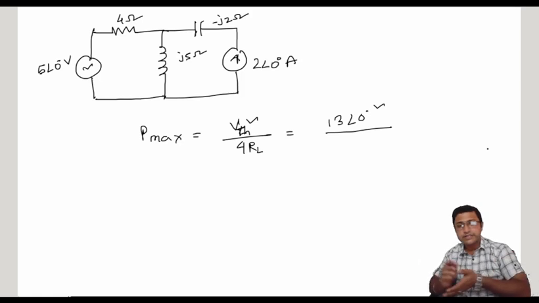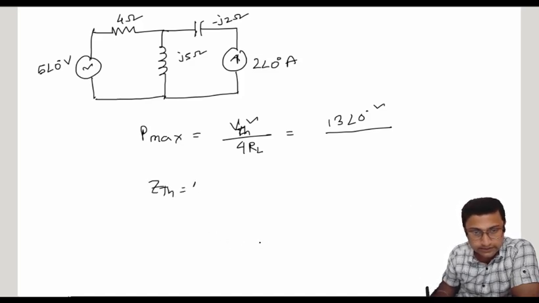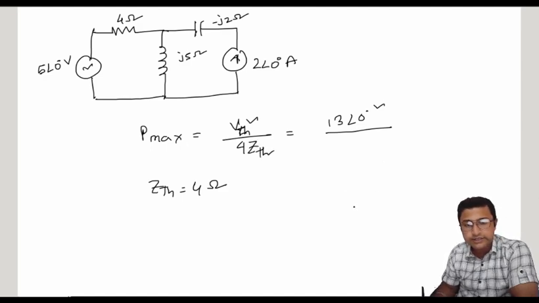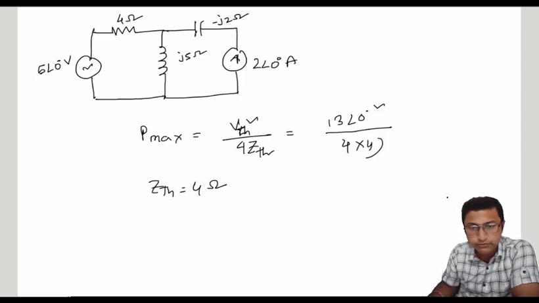So what is your ZTH? ZTH equal to 4 ohm. We have already calculated it in the Thevenin network theorem. So actually you can replace it by ZTH. So 13 angle 0 whole square by 4 into ZTH, that means 4 into 4.